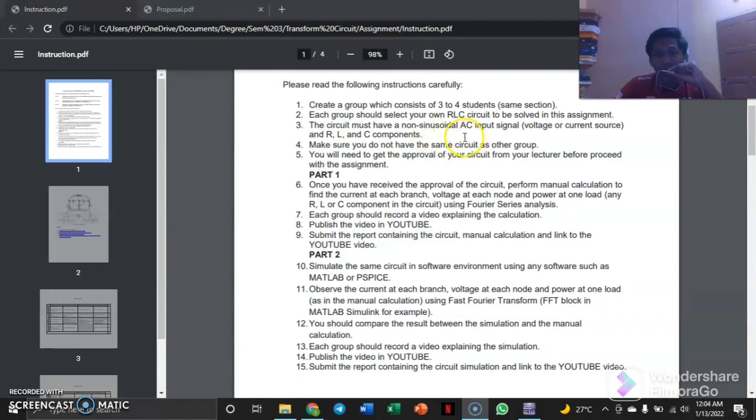After we identify all the requirements, then we need to create a circuit, either the series or the parallel circuit. After we get it, we need to get approval from our lecturer.